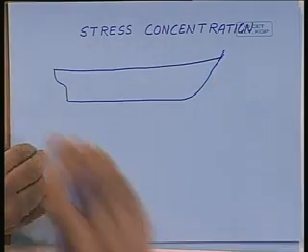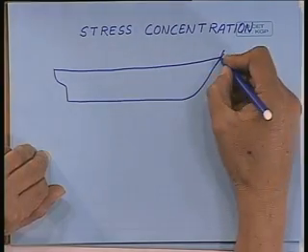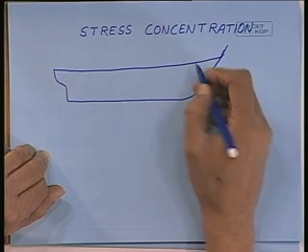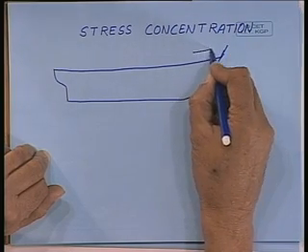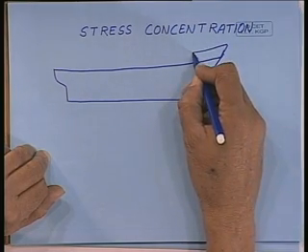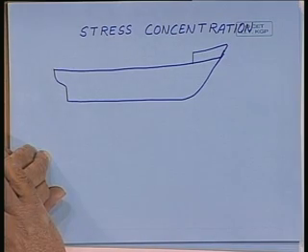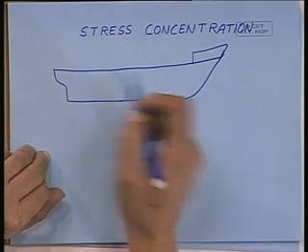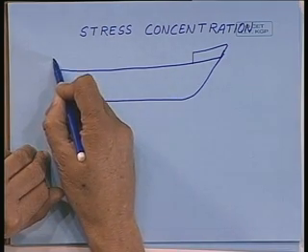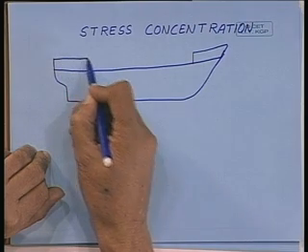So, you have the main deck here, and then you usually have a forecastle. Sometimes you may have some increased portion here, also known as the poop.